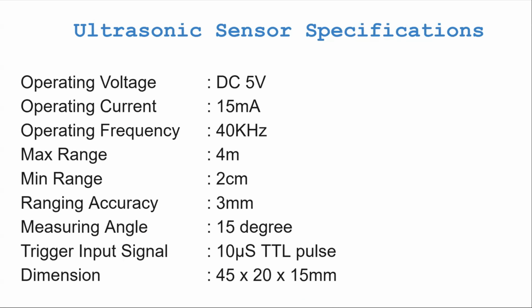Now the ultrasonic specifications. We have specific specifications for this sensor: operating voltage and operating current. The operating voltage is 5 volts DC, which is good to operate the sensor, and the operating current is 15 milliamps. The frequency is 40 hertz.